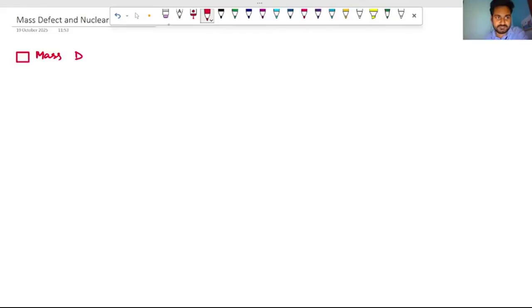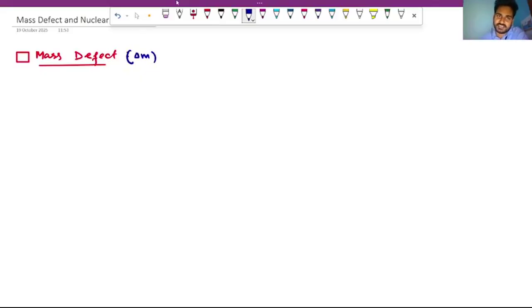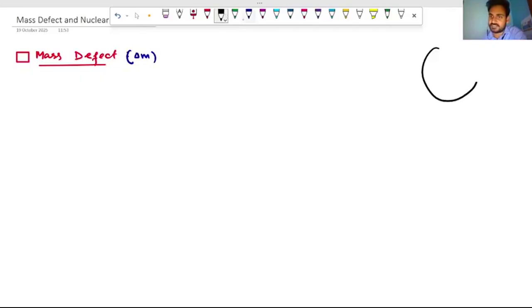What is mass defect? There is actually no such defect in mass, but still this mass defect is none other than the difference between two masses. Difference between what two masses? See, it is all about the nucleus.